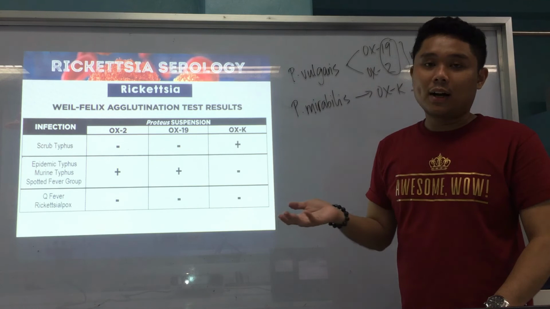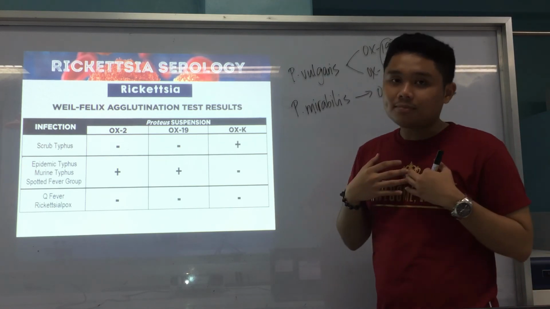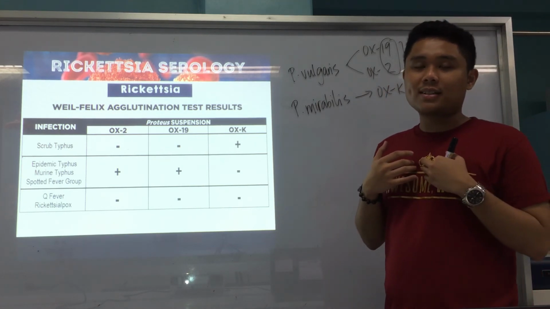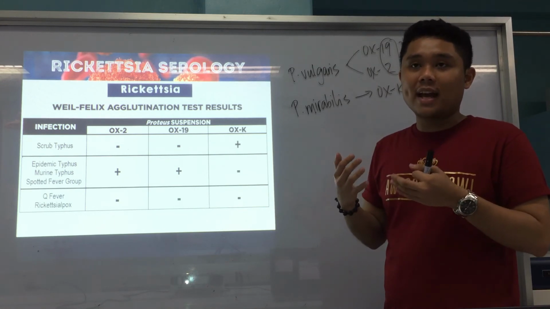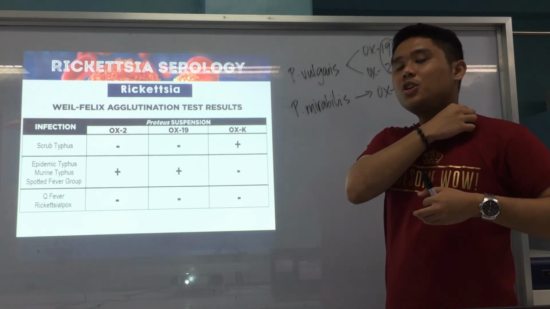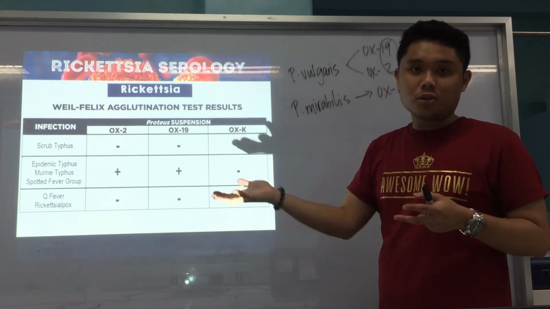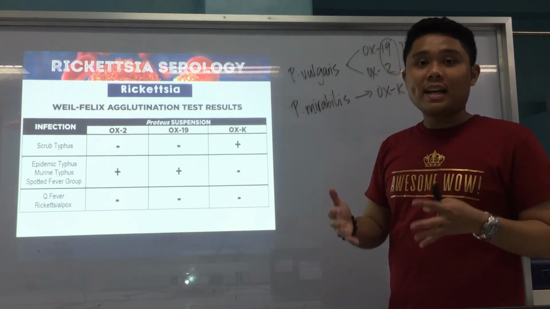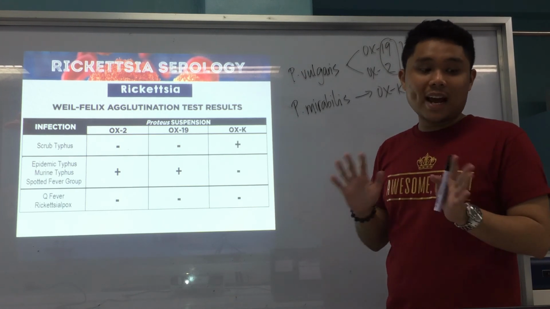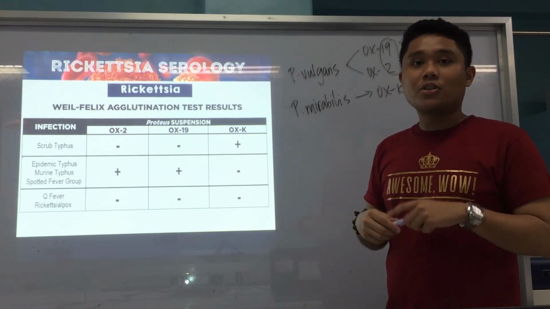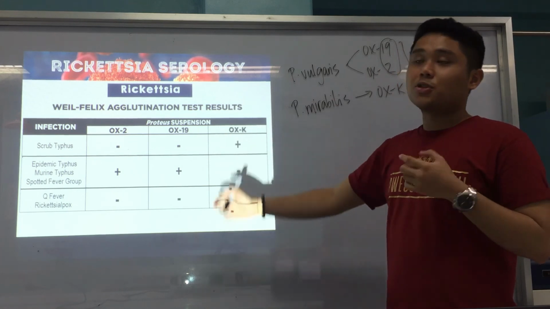They do not agglutinate. So if you test the serum of a patient suspected of having a rickettsial disease, you add a suspension of Proteus to the serum, and the principle is agglutination after addition of the patient's serum to the Proteus suspension.